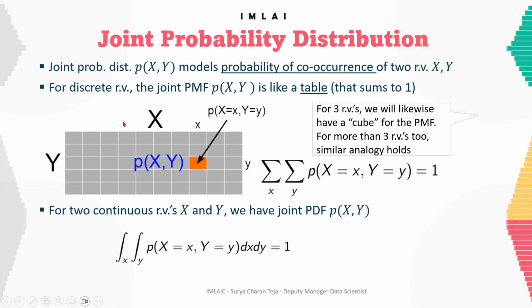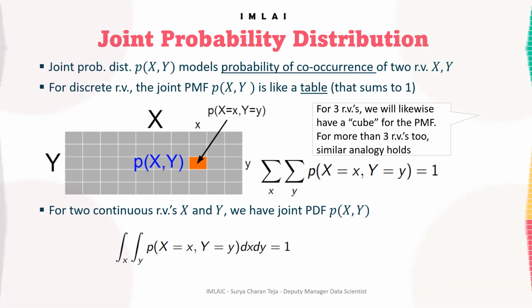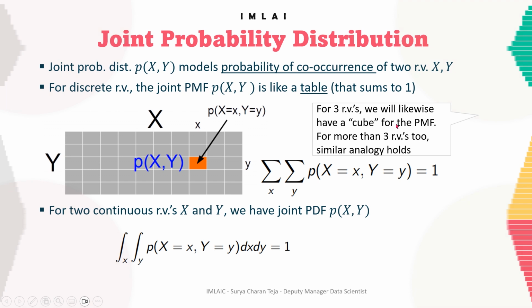These are called joint probability distributions for 2 random variables. You can also have 3 random variables. For 3 random variables, we will likewise have a cube. Here we have a 2-dimensional table; for 3 random variables we just put one more dimension here.